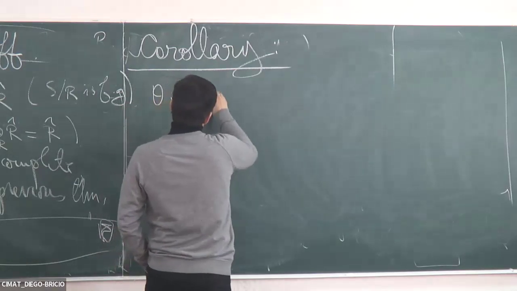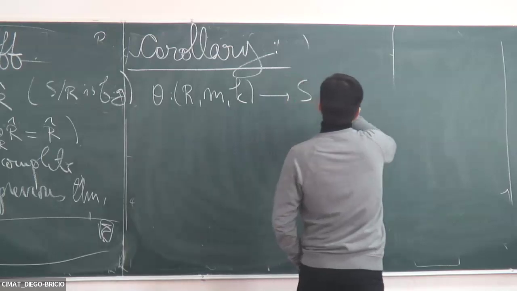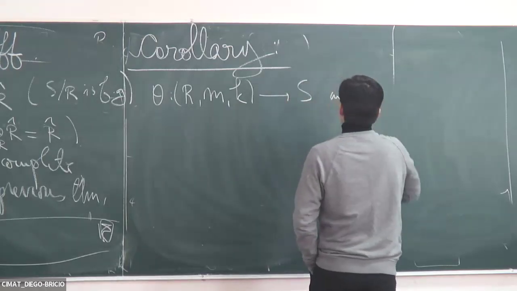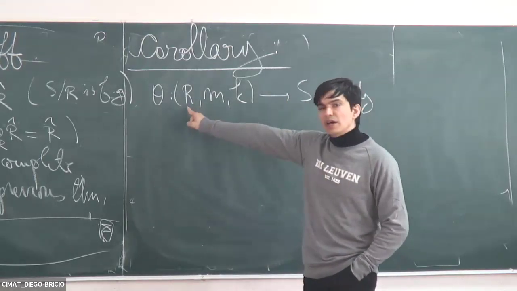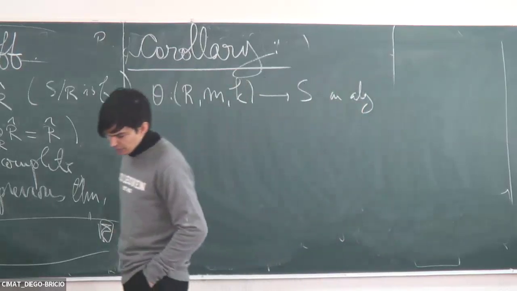Let's take an algebra over a local ring. An algebra. So here we are not assuming that it is complete. Okay, we already did the complete case.